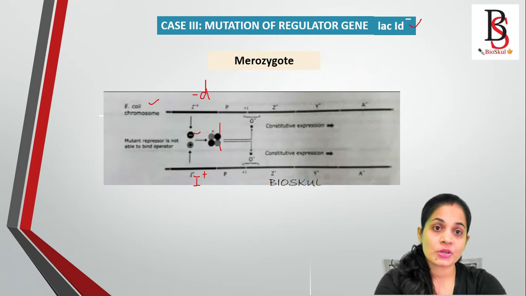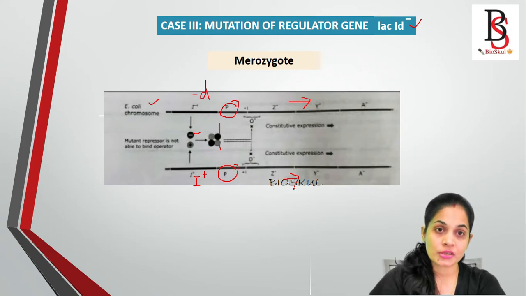So the repressor is non-functional, and it cannot bind to either of the operators. Then both promoter regions will be bound by RNA polymerase, and that will cause the expression of the genes, which is known as the constitutive expression.